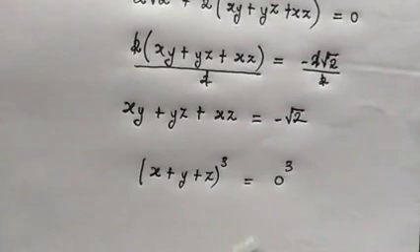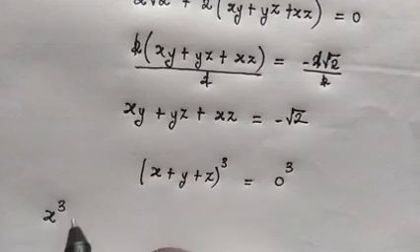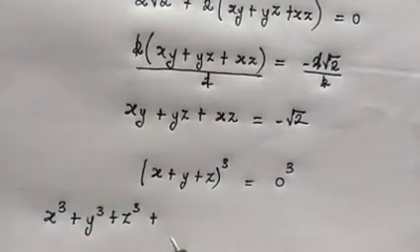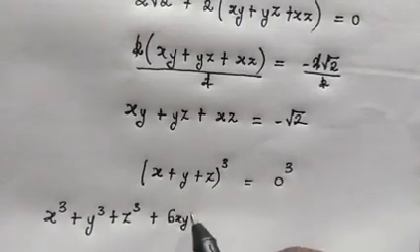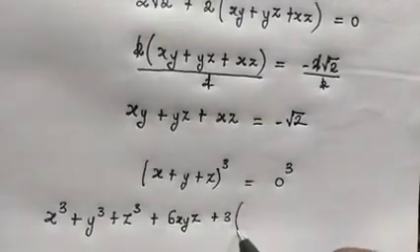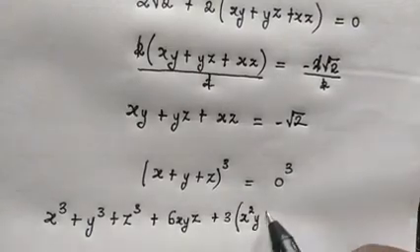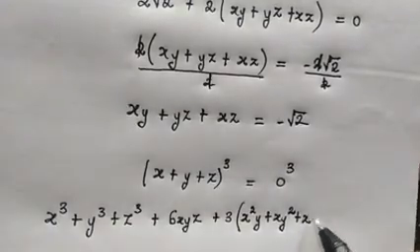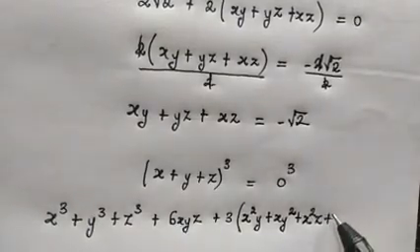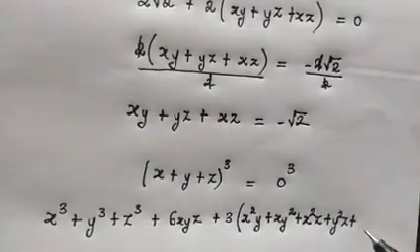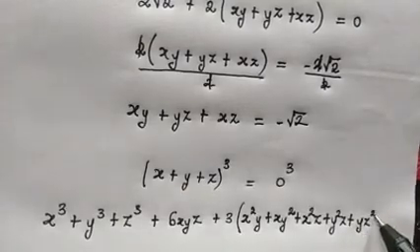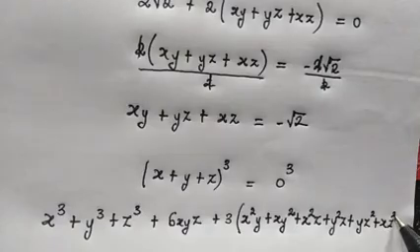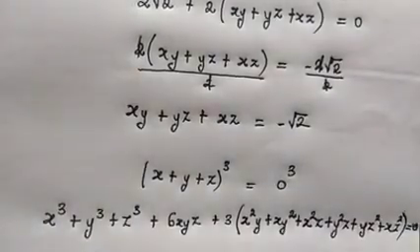So from the left hand side, expanding this will give us x cubed plus y cubed plus z cubed plus, so next we're going to have 6xyz, then plus 3 into bracket, we have the following: x squared y plus xy squared plus x squared z plus y squared z plus yz squared plus xz squared. So this is equal to 0.